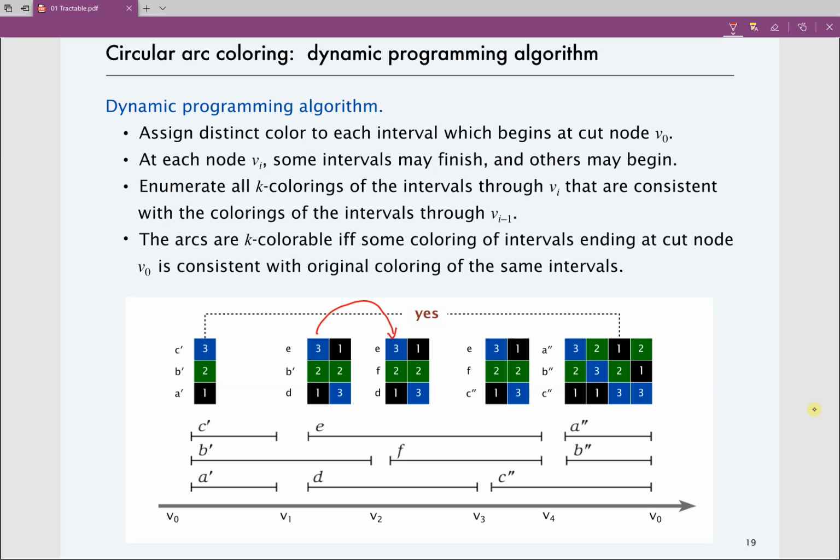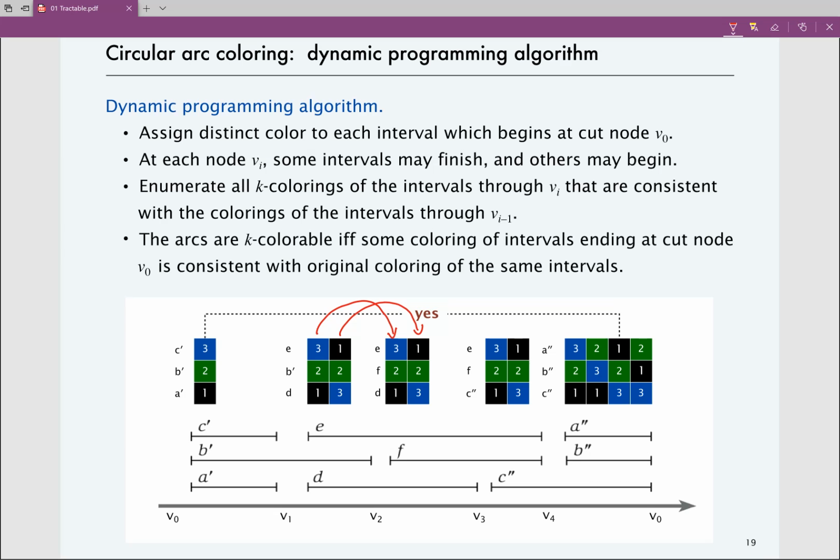Alternatively, if we colored these using 3, 2, 1 instead of 1, 2, 3, then E and D have to have the same colors at V2: D is going to be 3 and E is going to be 1, and again that forces F to be 2. So at V2 there are only 2 colorings which are consistent with the colorings at V1. We take all the colorings at V1 and look for all the possible consistent colorings at V2, and there are 2 of them.